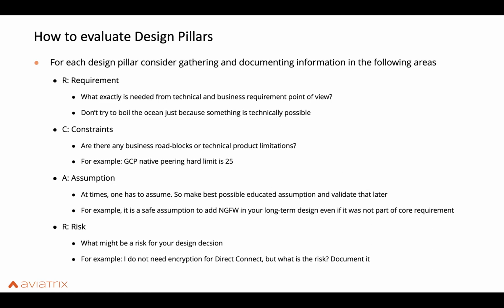For example, I have my Cisco routers on-prem and I cannot replace them, and unfortunately those Cisco routers or switches cannot support the IPsec protocol. So that becomes a business plus technical limitation. So we want you to think about that and mention it in the design that you're submitting.